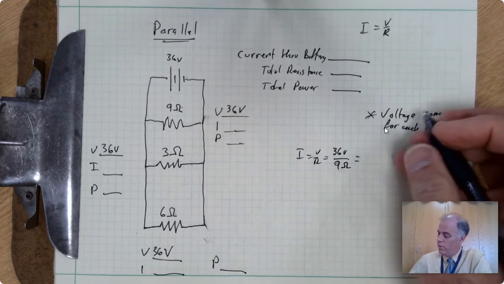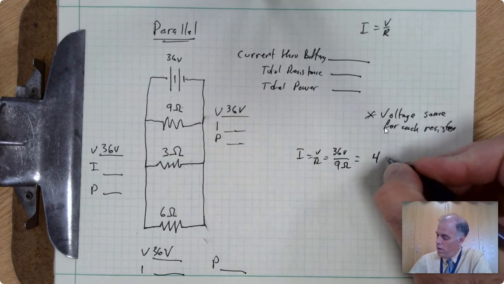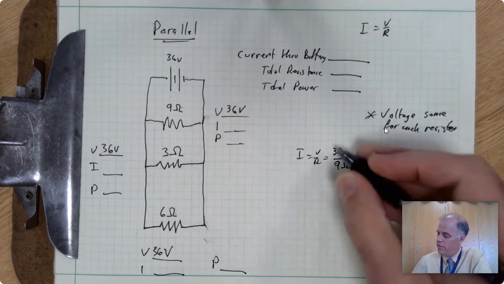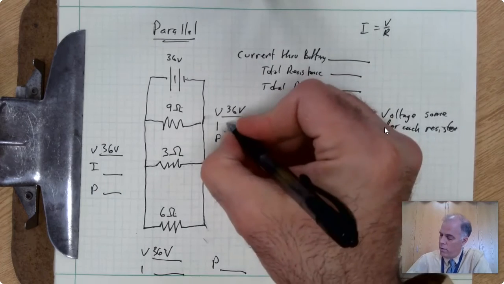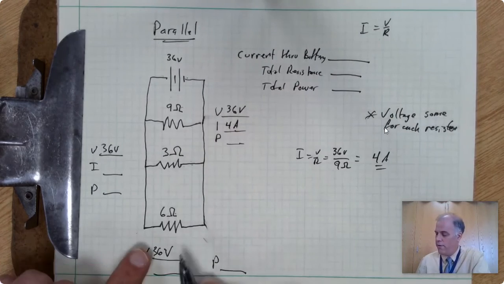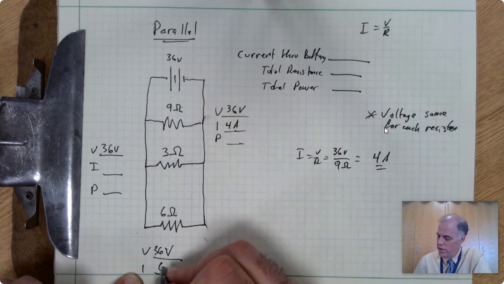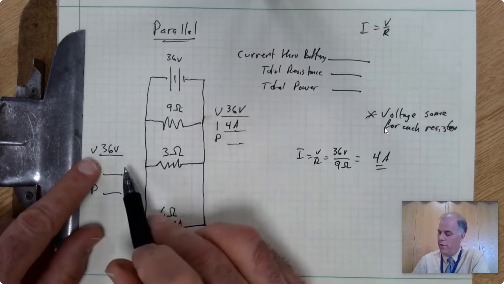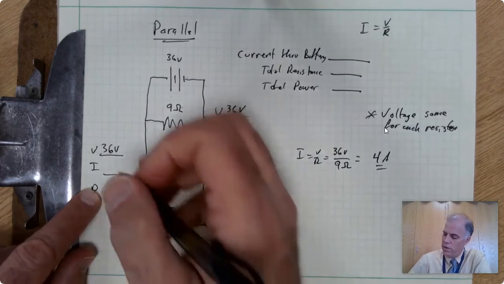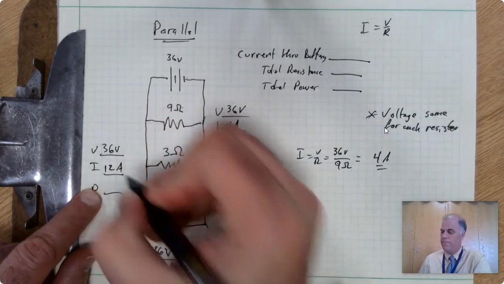And that is equal to 4 amps. 36 divided by 9 is 4 amps. So this is 4 amps. We do the same thing for the others here. 36 volts divided by 6 ohms is going to be 6 amps. And 36 divided by 3 ohms is 12 amps. All right.